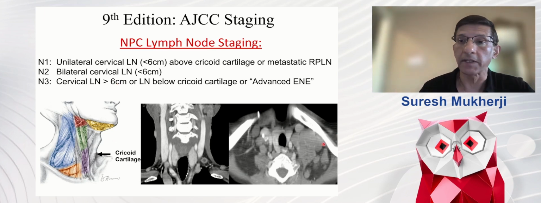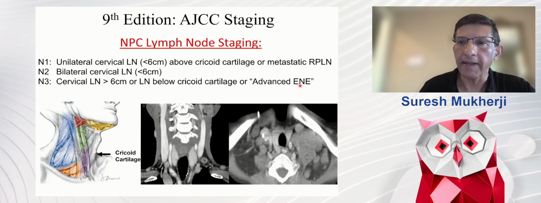Now, in the new edition, in the 9th edition, they did add the concept of advanced extranodal extension. Previously, extranodal extension has been in the 8th edition for oral cavity cancers, but realize that that was supposed to be correlated with the clinical findings.